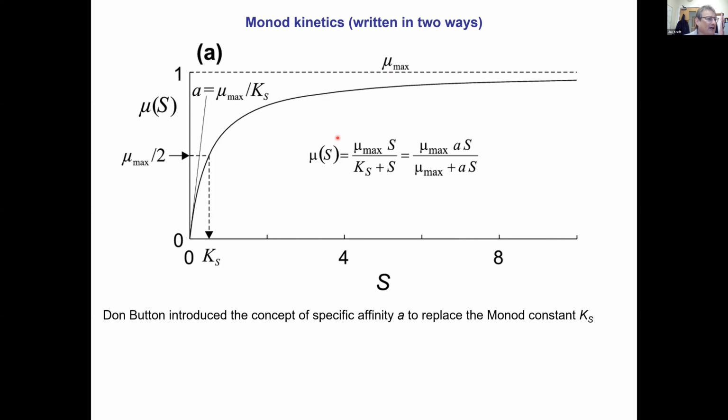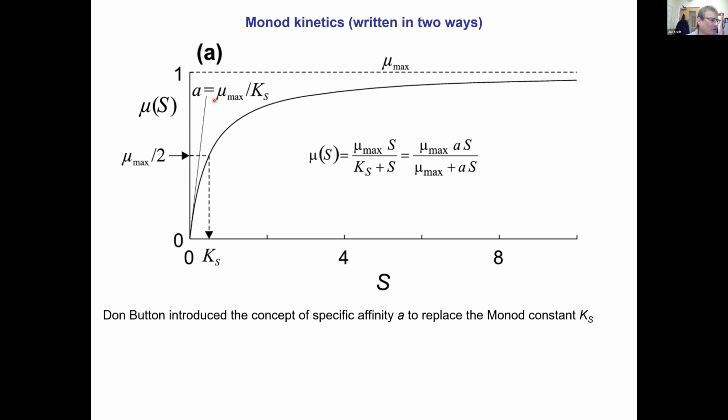And you can write this equation in terms of mu max, which is the maximum specific growth rate, and Ks, which is the substrate concentration that allows the cells to grow at half the maximum growth rate. So this point here. But you can also write the relationship in a different way, in terms of A, which is the initial slope of this curve, which happens to be mu max divided by Ks, and the mu max level.